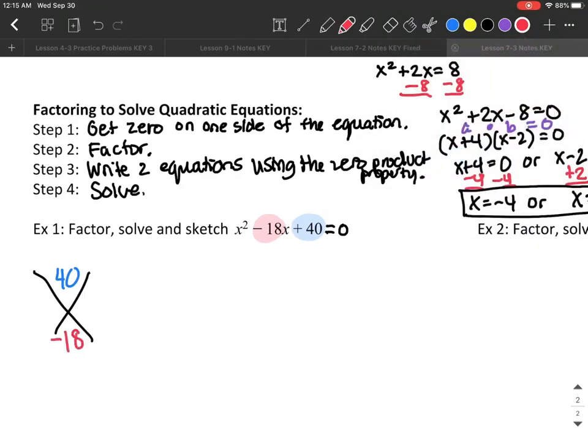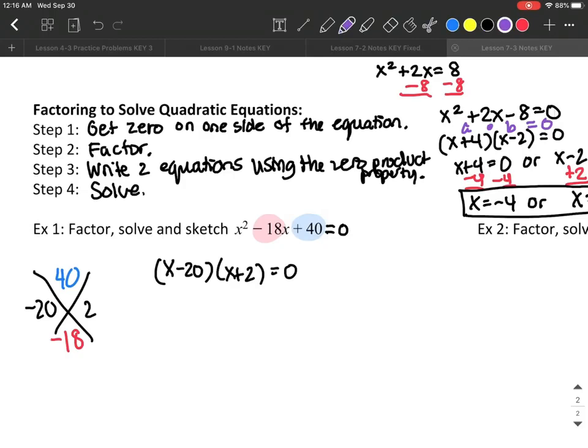So those two numbers are negative 20 and positive 2. So instead of writing this, I'm going to write x minus 20 times x plus 2 is equal to 0.